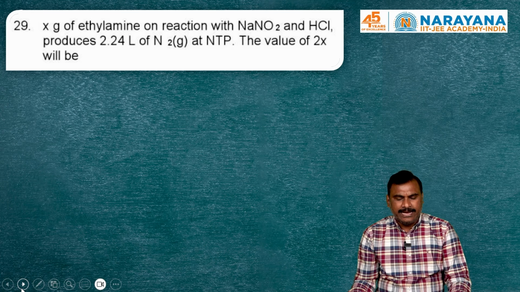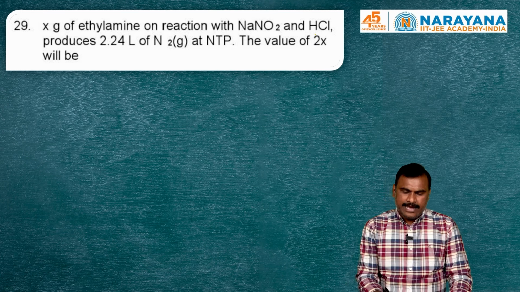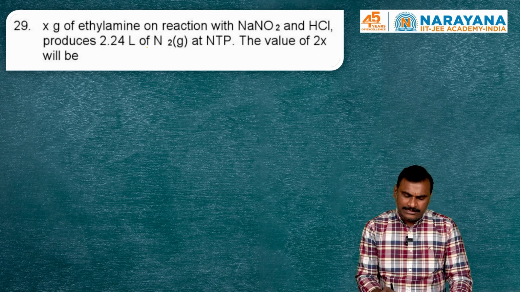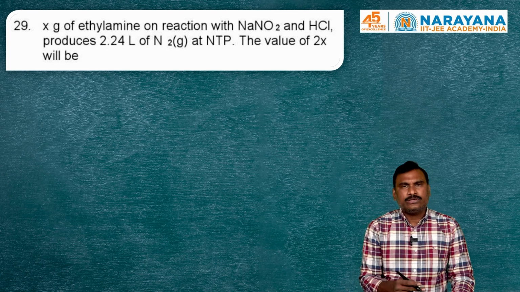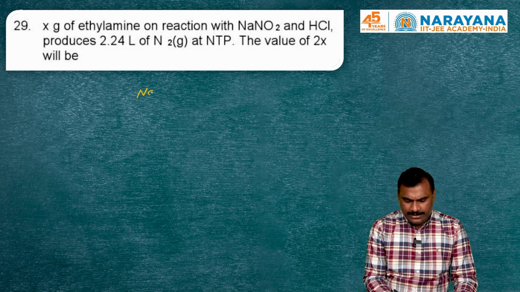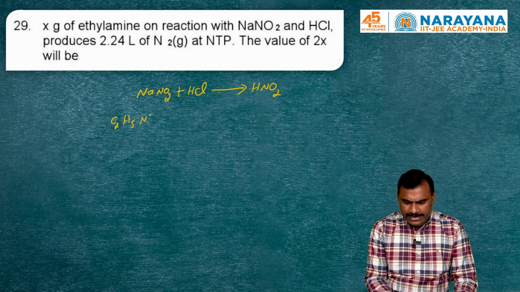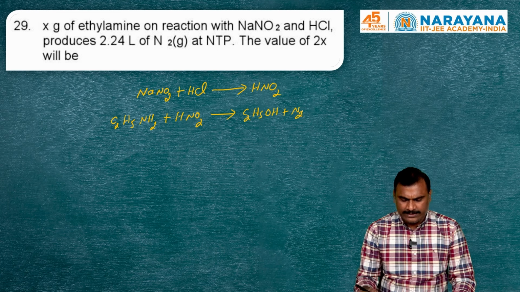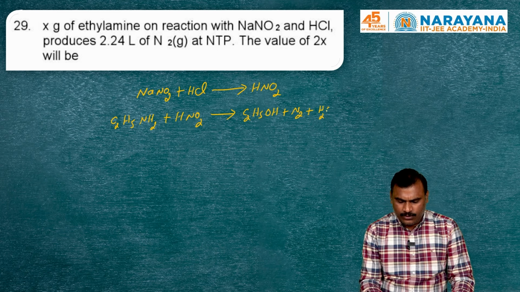X gram of ethylamine on reaction with NaNO2 and HCl produces 2.24 liters of nitrogen at NTP. The value of 2x will be? See here, students, NaNO2 plus HCl produces first HNO2. Now ethylamine, C2H5NH2, reacts with HNO2 and produces C2H5OH plus nitrogen plus H2O.